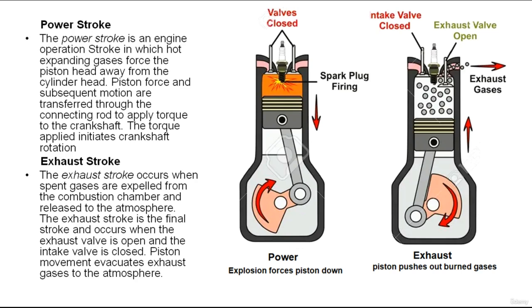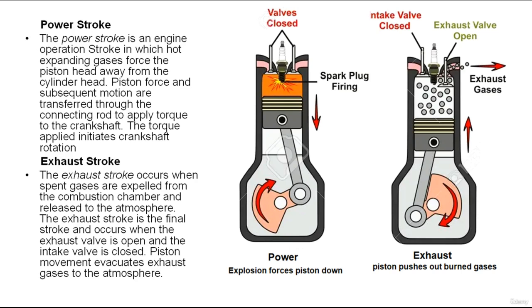We have the exhaust stroke. The exhaust valve opens just before the piston reaches BDC on the power stroke. So the pressure within the cylinder causes the exhaust gas to rush past the open valve and into the exhaust system. Movement of the piston from BDC pushes most of the remaining exhaust gas from the cylinder.